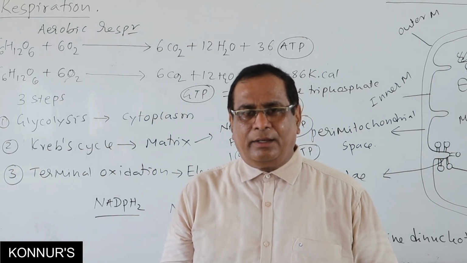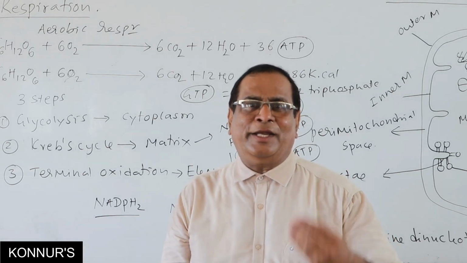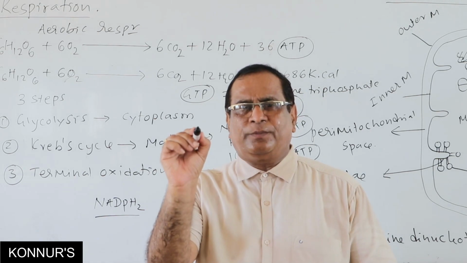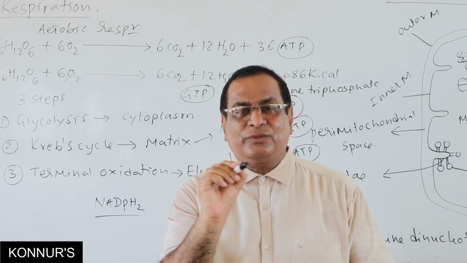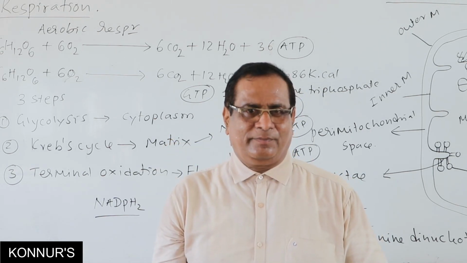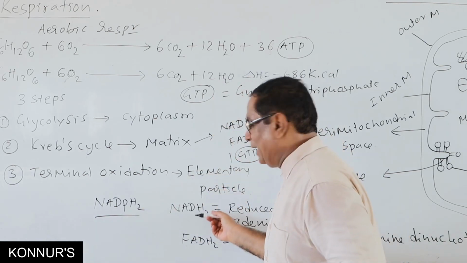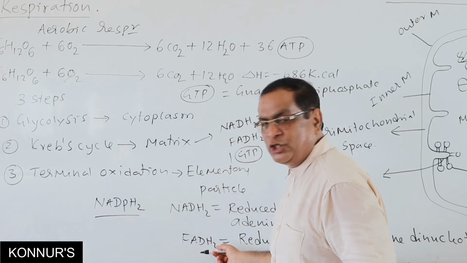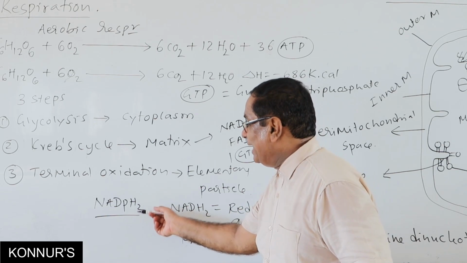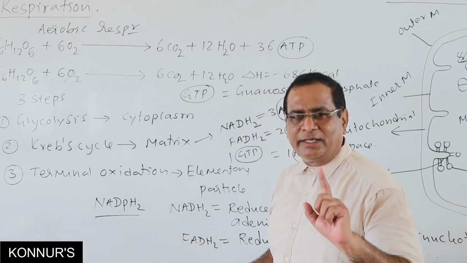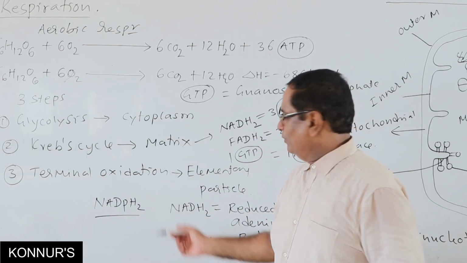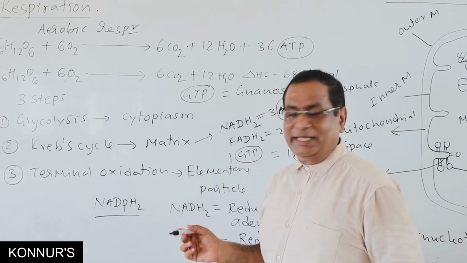Okay? And they may ask another NEET question. Which of the following are reducing agents? NADH2 1, FADH2 2, NADPH2 3. Answer is all these. They are all reducing agents.